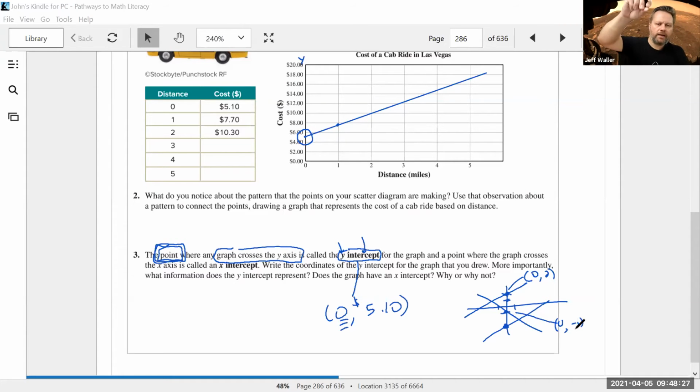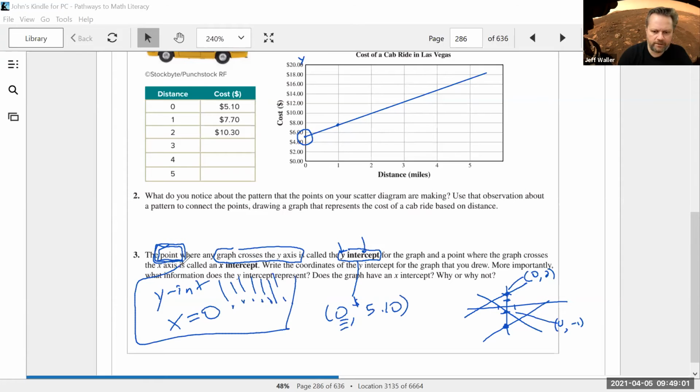Why does the 0 have to be in front? Because if it wasn't 0, that means I would have moved away from the y-axis. So I really want this to make all the sense in the world. Every y-intercept, the first number has to be 0 so that I'm not moving left or right, because then I won't be on the y-axis. I only want to move up and down. So what's always true for the y-intercept? X equals 0. Look how big of a point I'm making out of this. It must mean something.